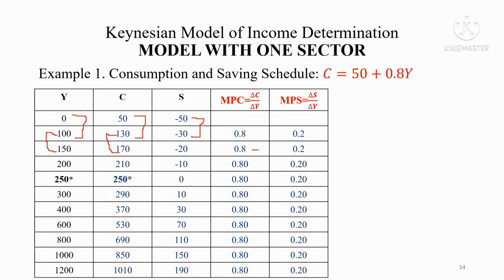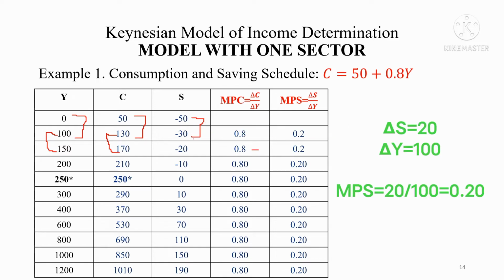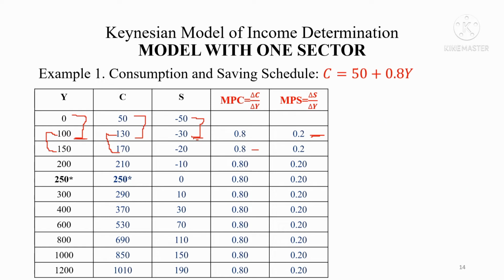So how much? It will become negative 30 plus 50, so negative 30 plus 50 is 20. So the change in S here is 20. The change in Y is 100. So 20 over 100. So that is 0.2. Okay, and so on. So you can calculate actually the rest of the table.